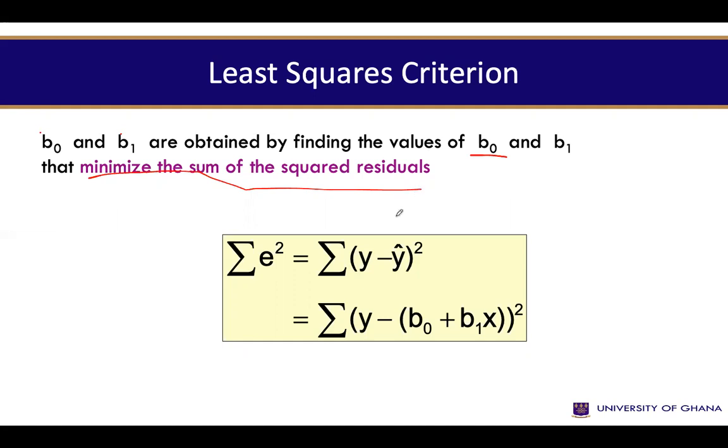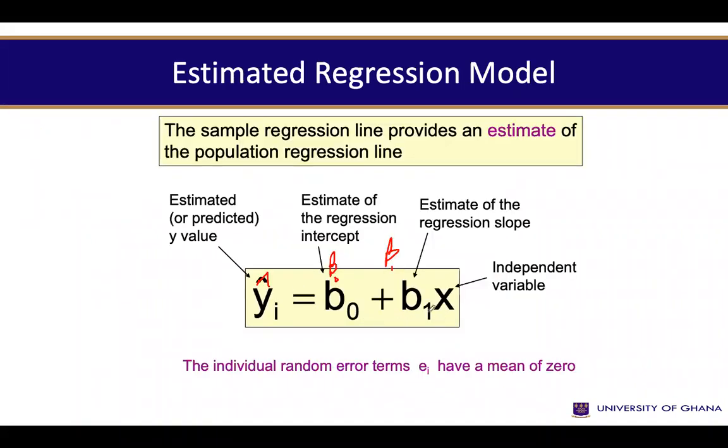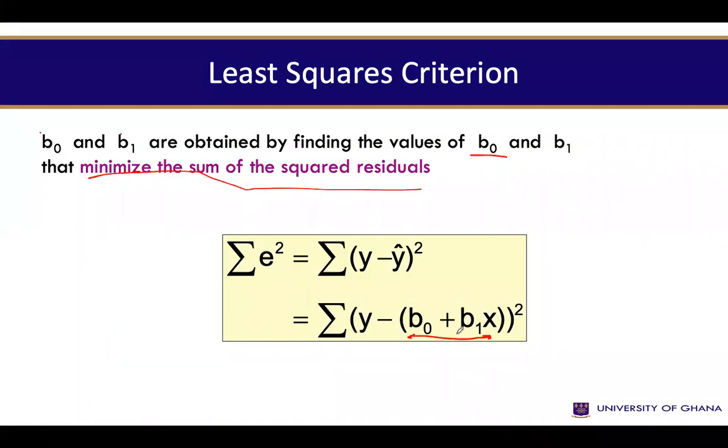You see that the error is the same as the difference between the actual y and the predicted y. Of course, this predicted y can be expressed as this, so it's just about putting the value in there.